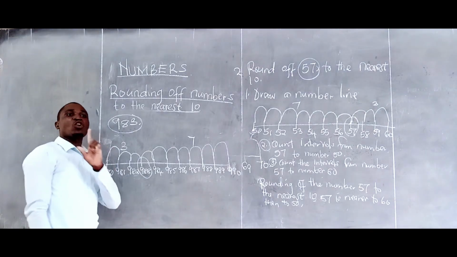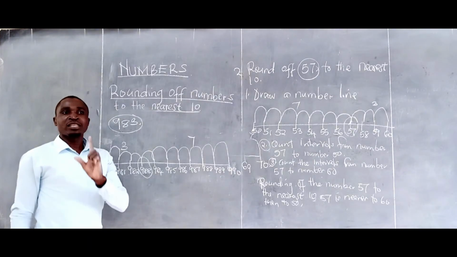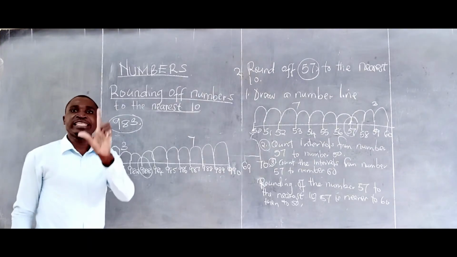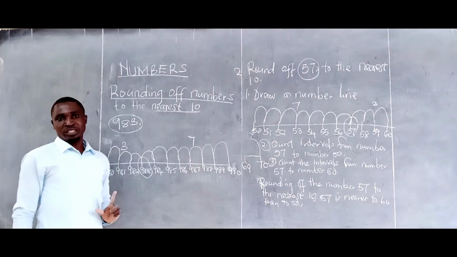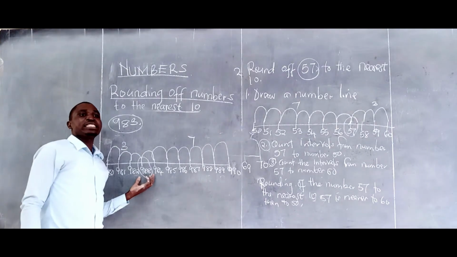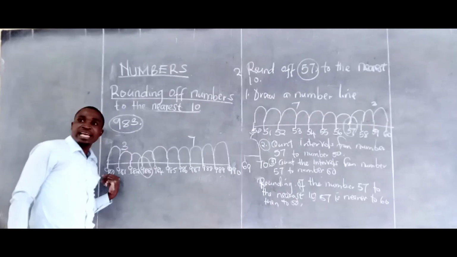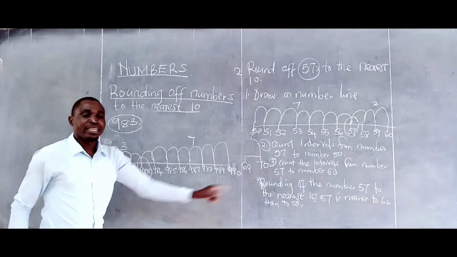Therefore, we consider the shorter distance, which has the fewer intervals. The shorter distance has the fewer intervals. Therefore, 983 is nearer to 980 than 990.